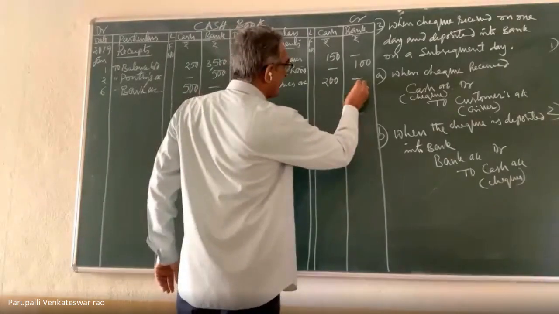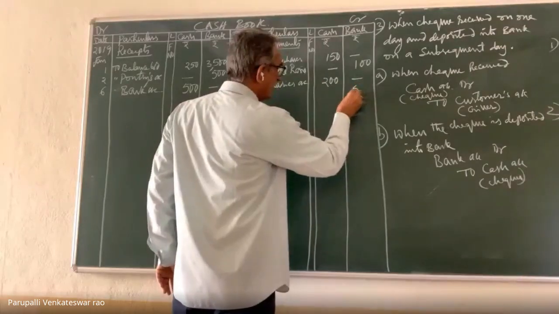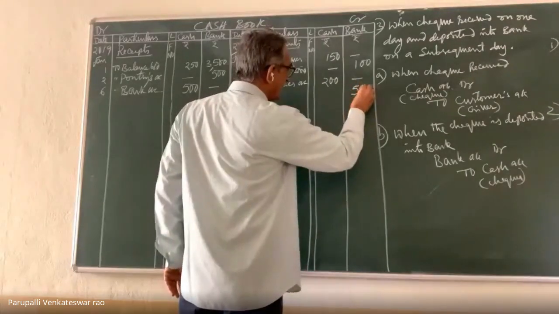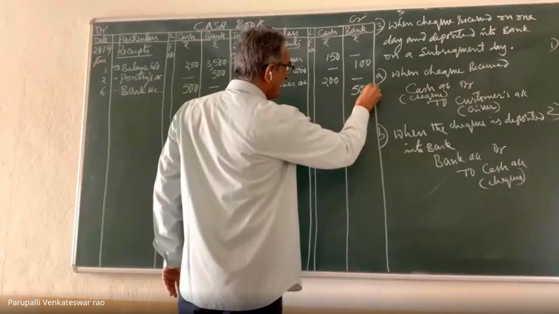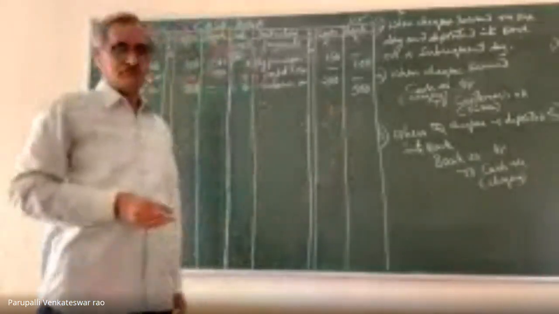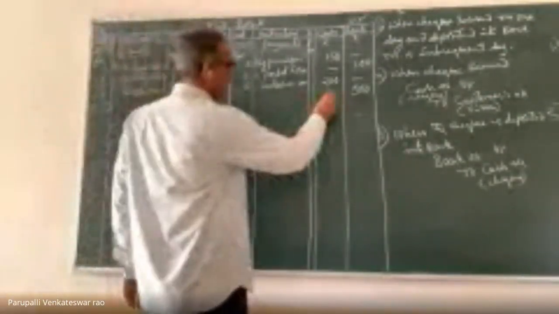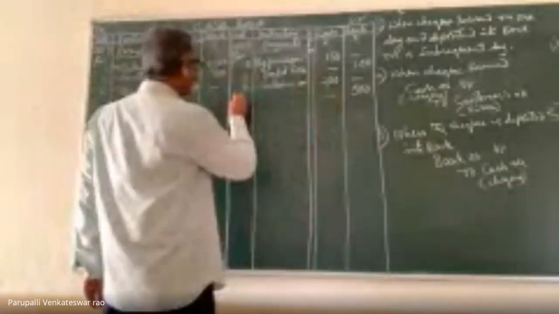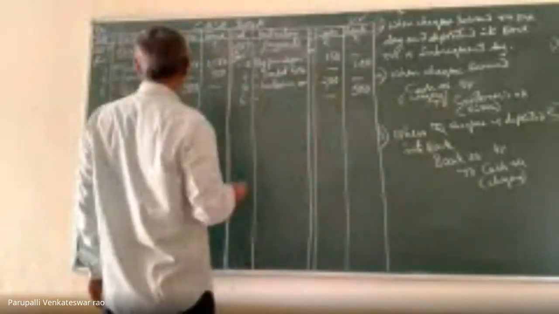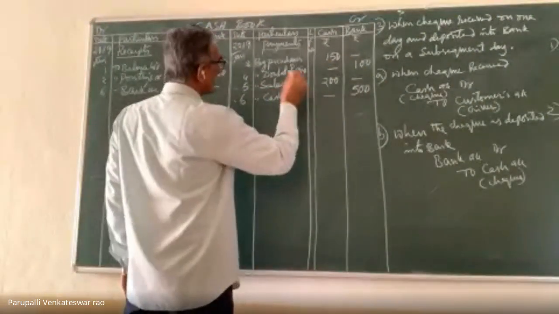I warn you once again: first write the amount. Who gave the money? Bank gave the money. So write 500 rupees in bank column. Over. So cash column dash. What you have to write on 6th? By cash account.